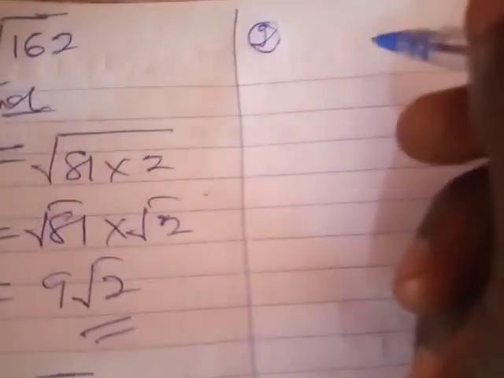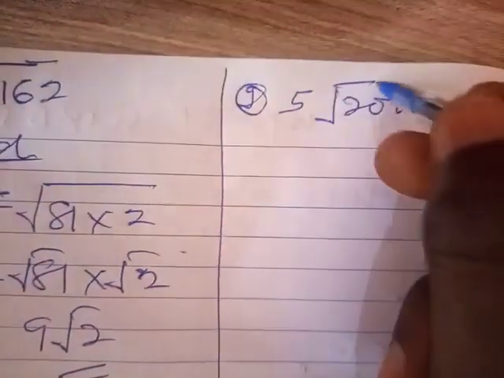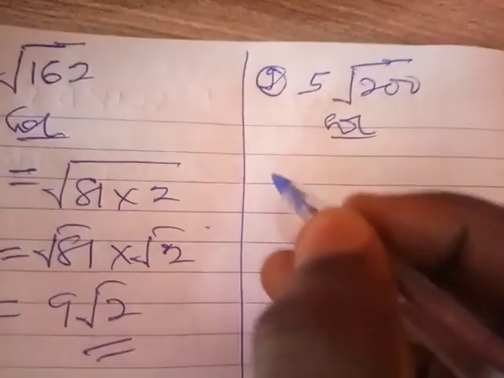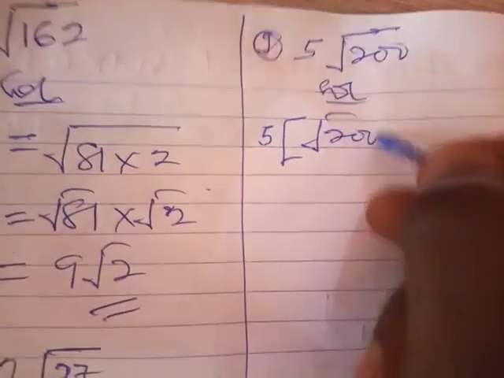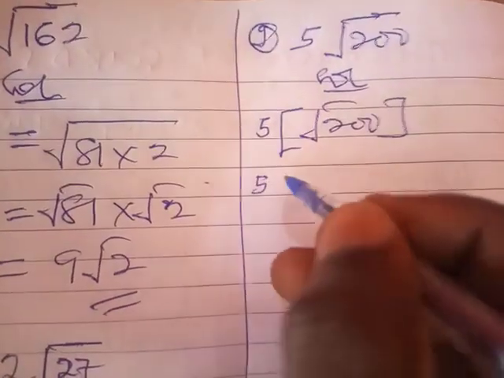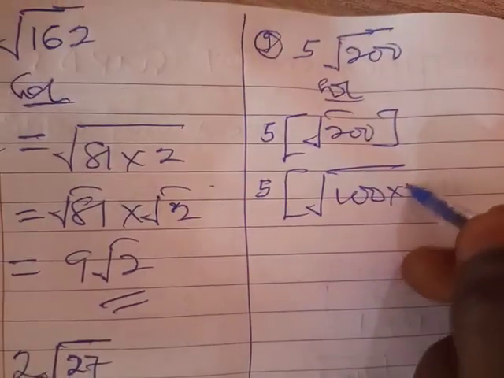The next example we are going to consider is, let's say, 5 root of 200. So the same approach, root of 200. Root of 200 is the same as 100 times 2.